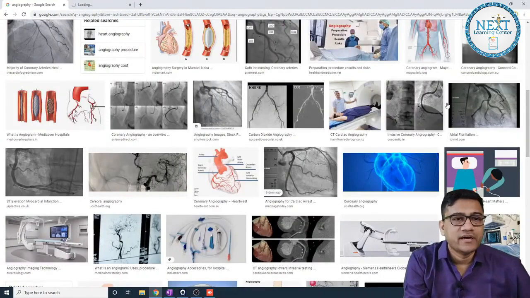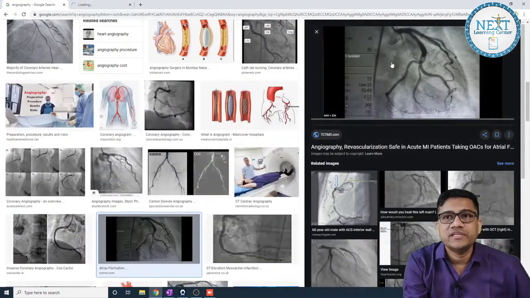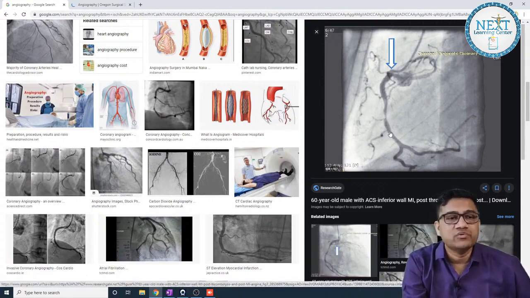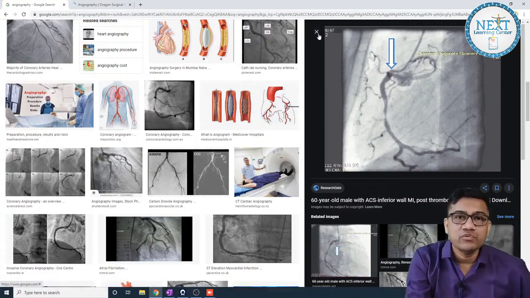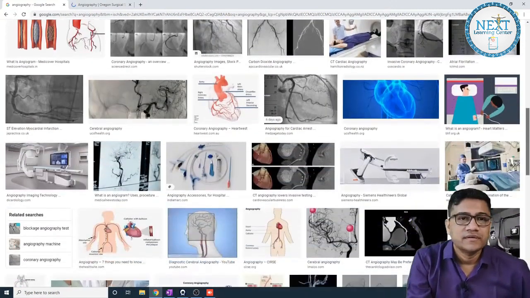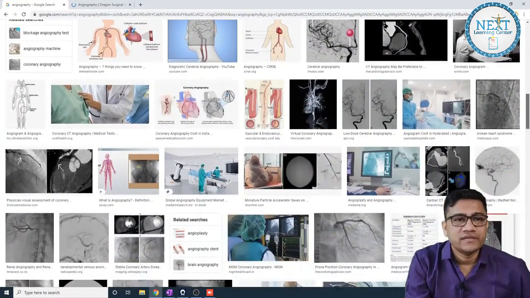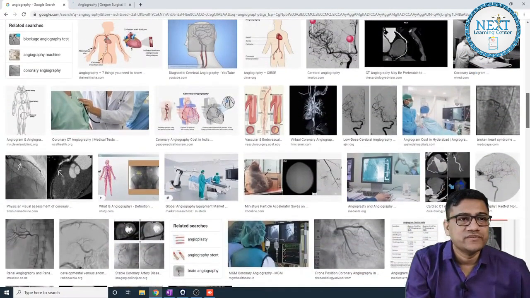In this diagram you can see the three vessels, this is the LAD and this is the circumflex. And this shows the blockade, can you see? This is the blockade point. It's a very narrow area here and the flow is reduced, and we need to do either stenting with angioplasty. So I think that is more than sufficient.